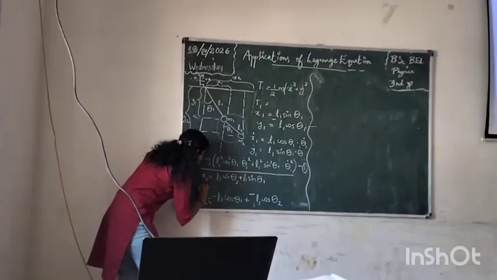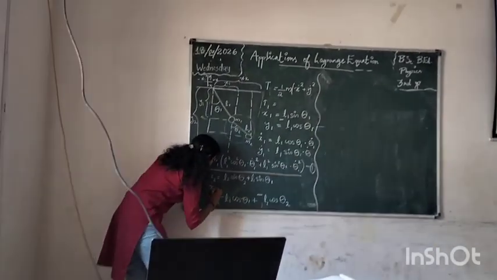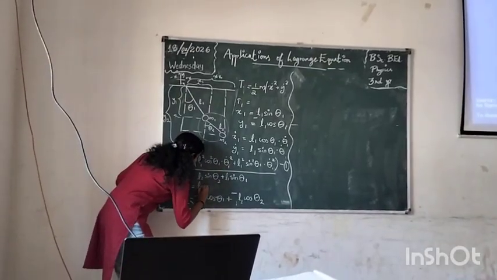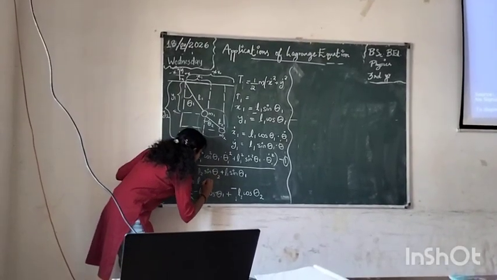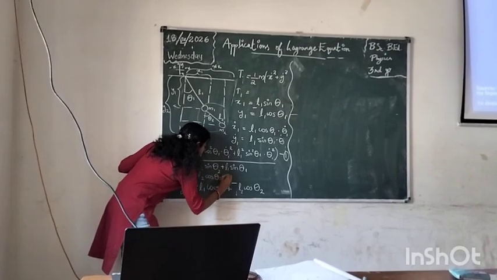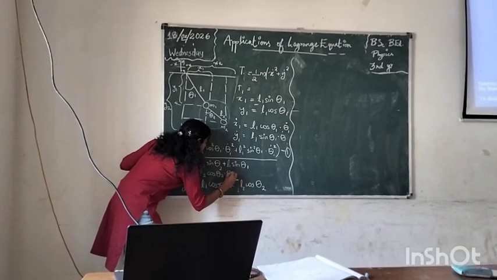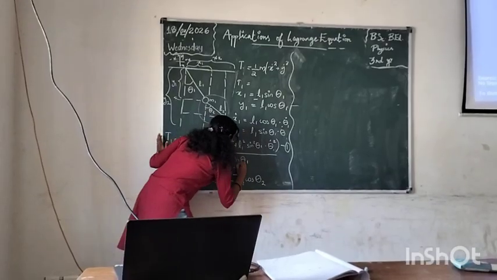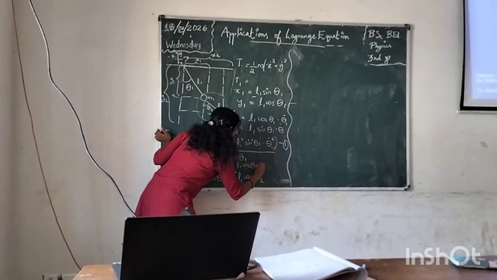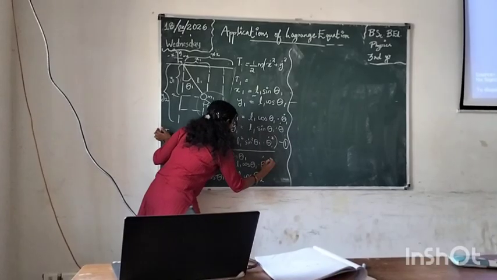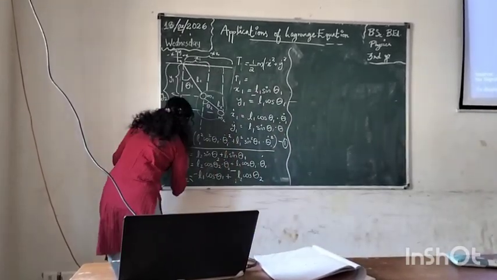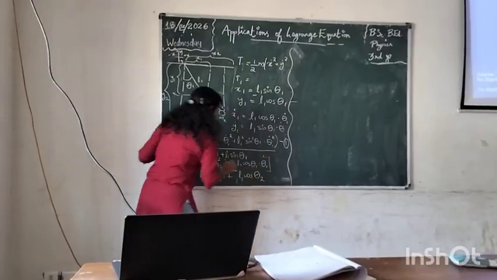So we have to find y2 dot and x2 dot. x2 dot will be L2, the derivative of sin theta is cos theta 2, into theta 2 dot, plus L1 cos theta 1 into theta 1 dot. So this is our x2 dot.